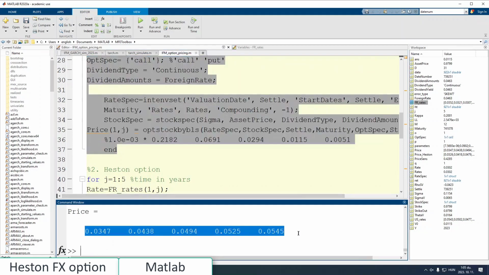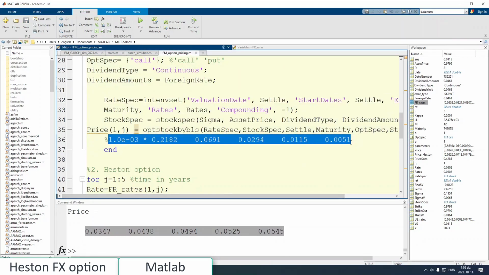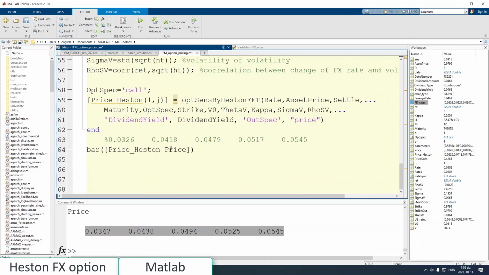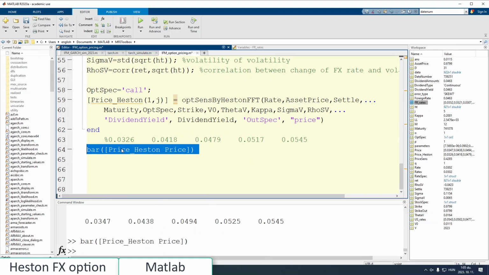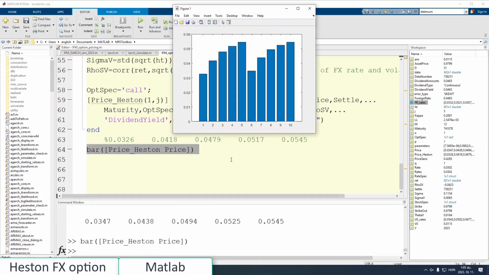Yeah, they were thinking in basis points instead of a number. So now if we are running, can we see any difference?